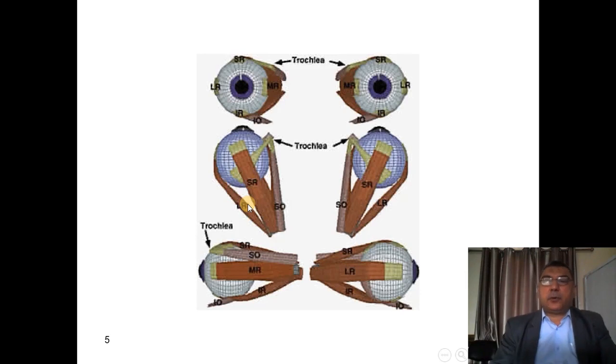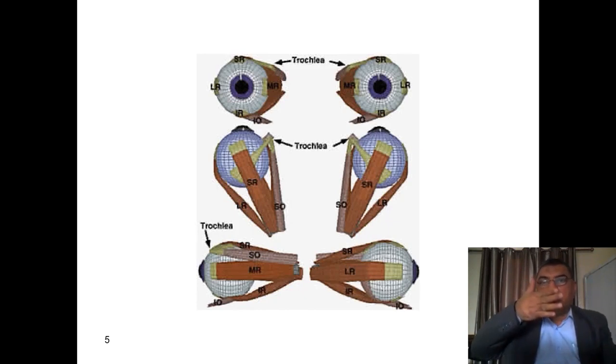The action of the inferior oblique is elevation of the globe. It produces also abduction and extorsion. It is the only elevator if the globe is in the adducted position.